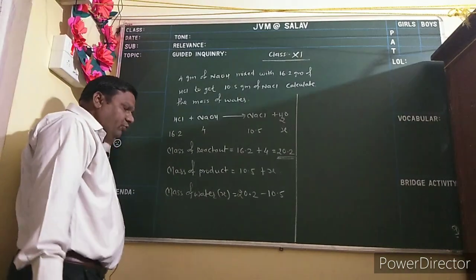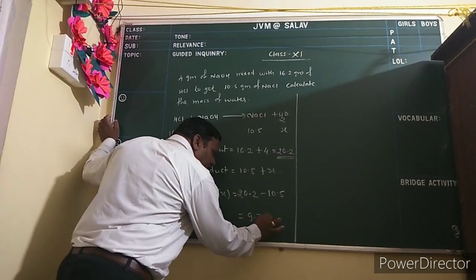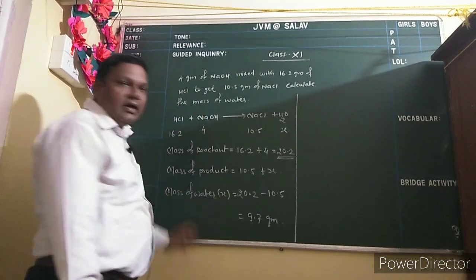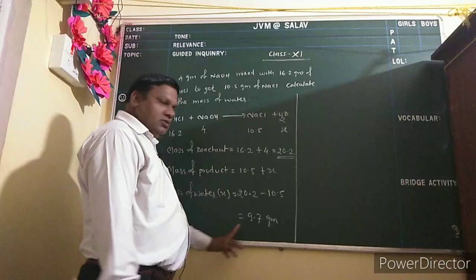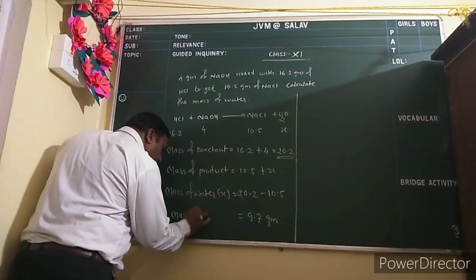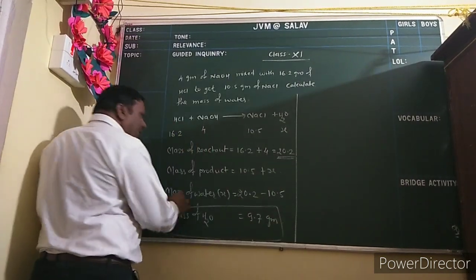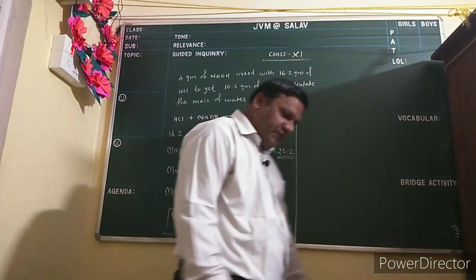How much will it come? 9.7 grams. So this is the mass of water, and it obeys the law of conservation of mass.